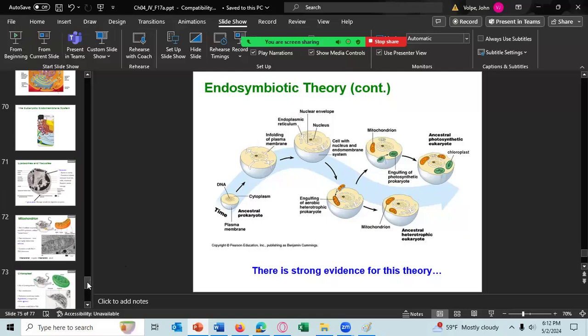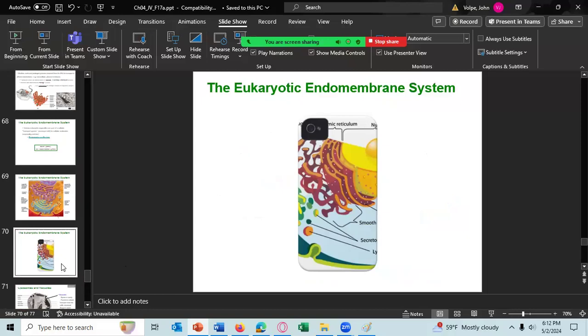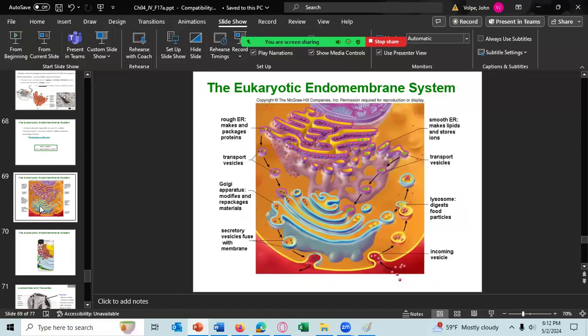Let me go ahead and back up and talk about the endomembrane system. This is a system of membrane-bound organelles that we see in a eukaryote cell. Both proteins and lipids generally begin life in the endoplasmic reticulum.